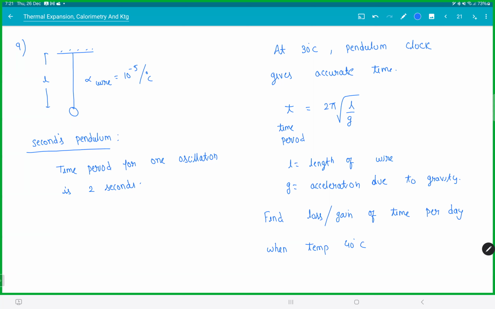L into 10 power minus. Just convert that into seconds, right? So first the question is, are you losing or gaining time? What do you guys think?